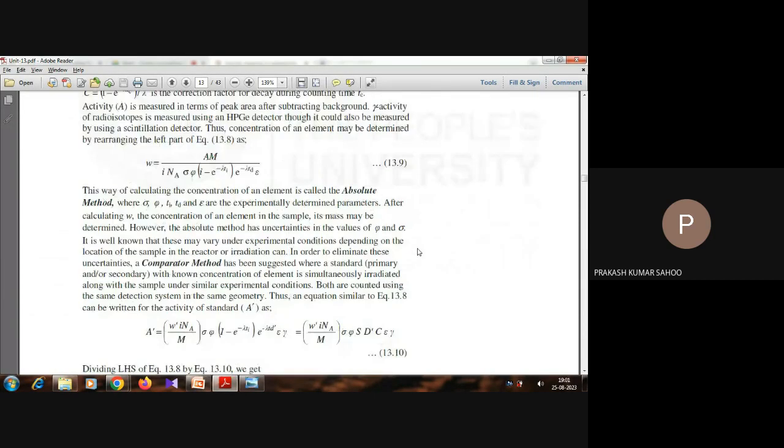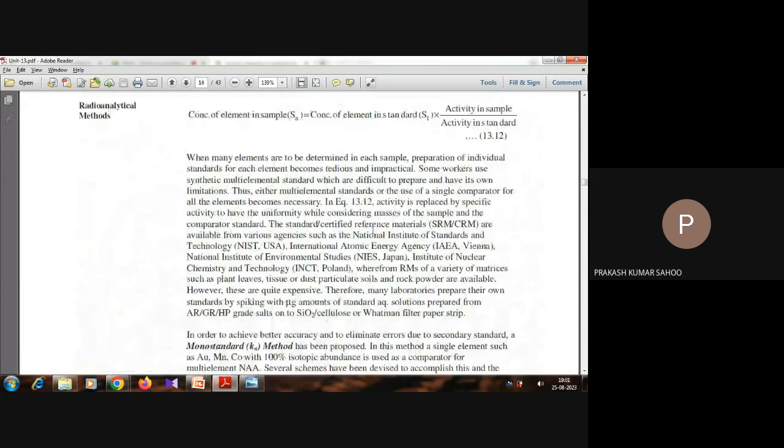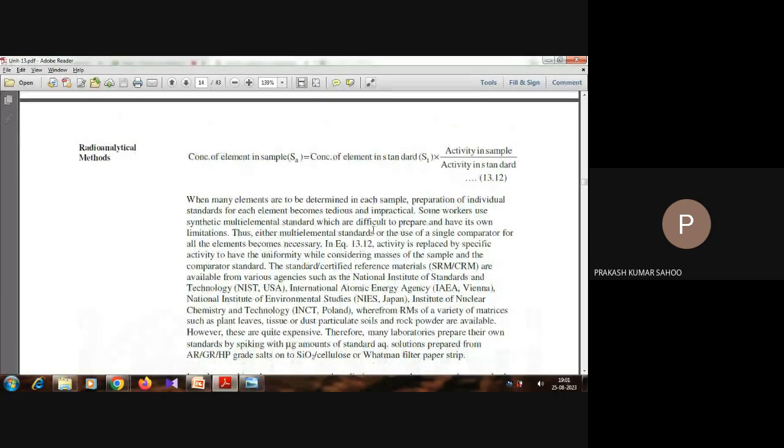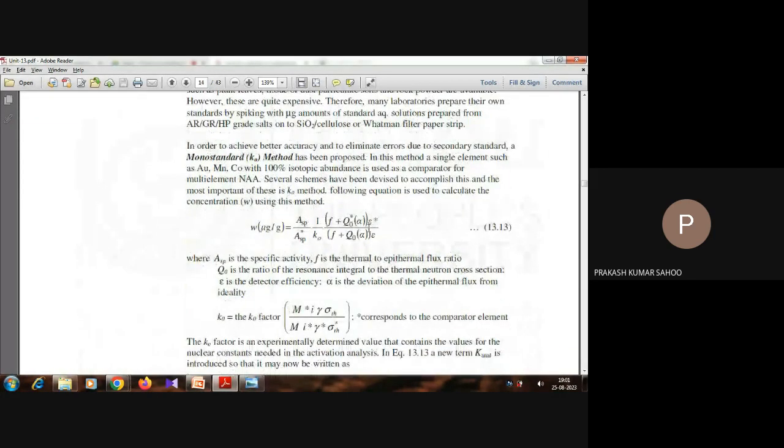Then we have the next part, which is complicated and has some complicated equations. This is the mono standard method, and the equation is here.